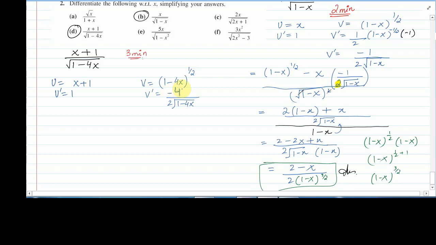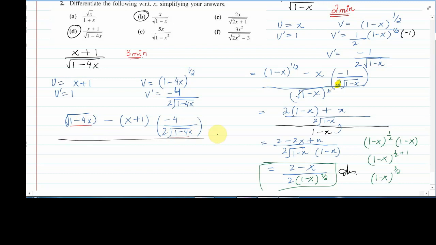Alright. After that, when we have u dash and v dash, we need to apply the working formula, which says that v is what? 1 minus 4x with the root sign. V derivative of u, it's 1, I'm not writing it, minus u is what? X plus 1. Derivative of v is minus 4 divided by 2 under root 1 minus 4x. Keep in mind that these two numbers should always be same.